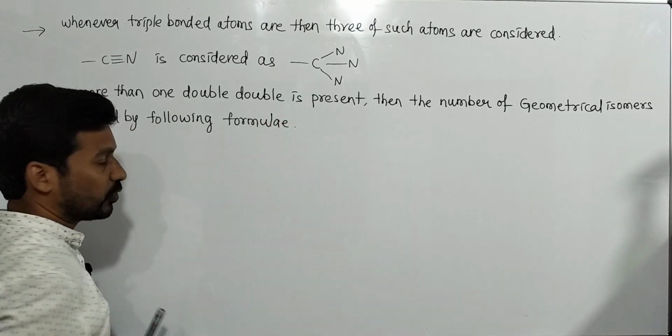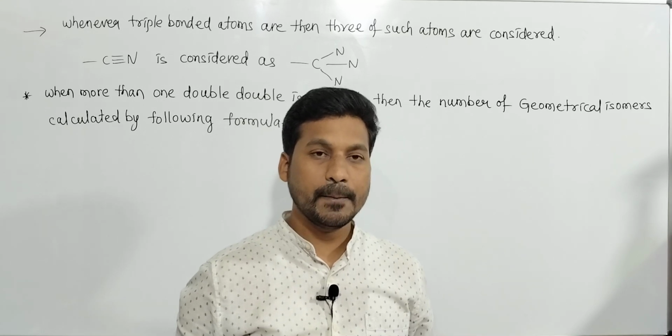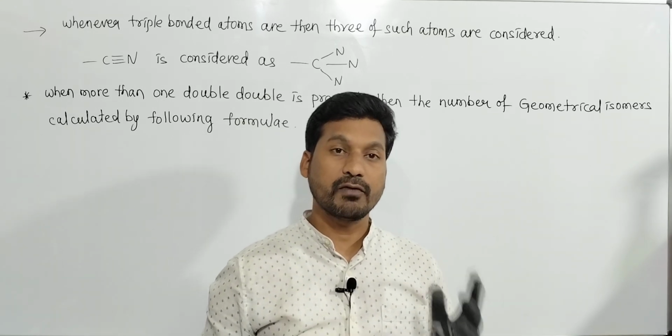So now I am going to give some formulas. Those formulas are useful to calculate the number of geometrical isomers whenever an alkene contains more than one double bond.